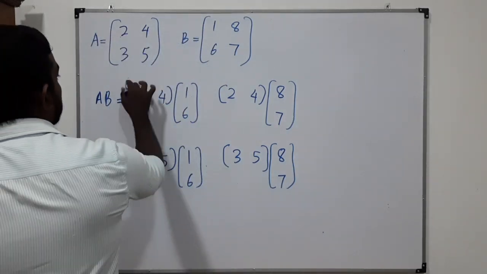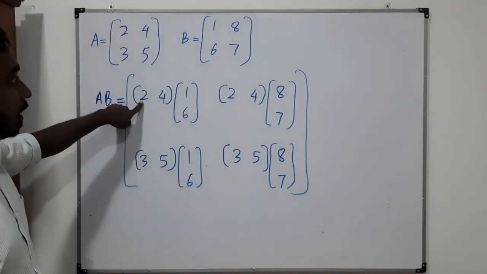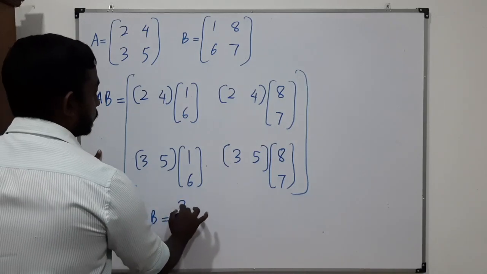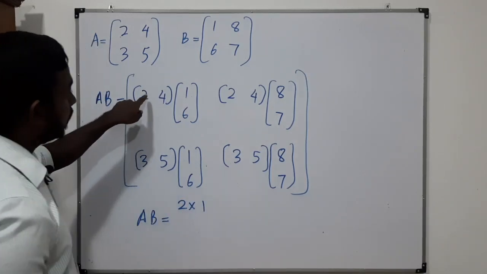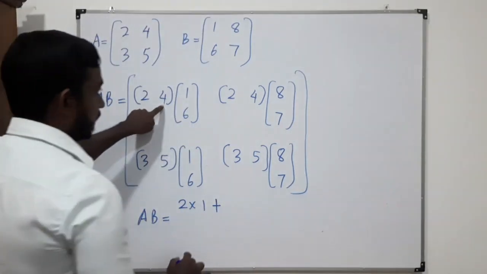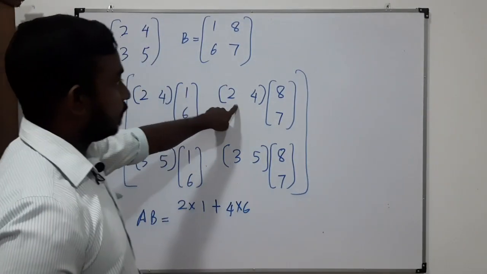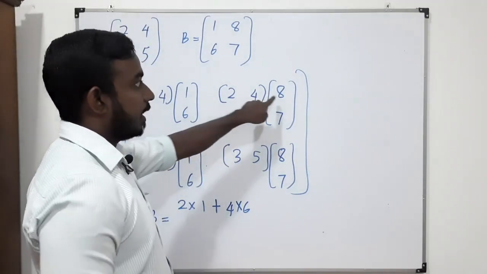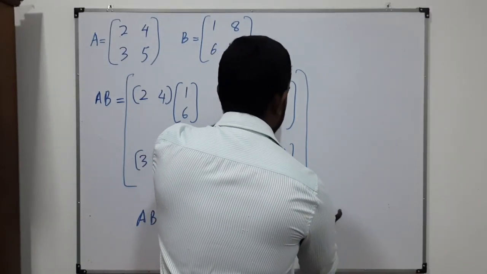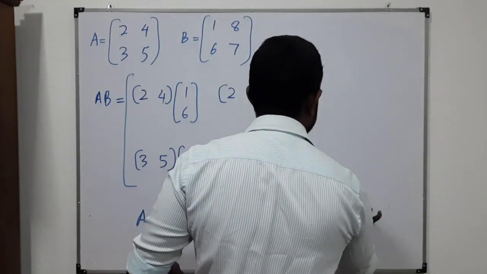Now we can multiply as usual. First element with the top element. So I can write AB as 2 times 1 plus 4 times 6, second element with the bottom element. Then for this one, 2 times 8 plus 4 times 7.